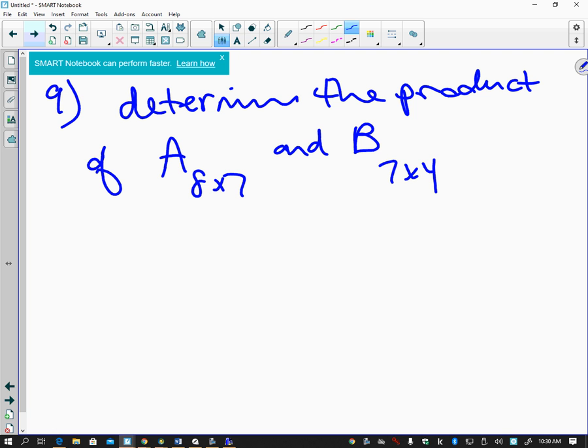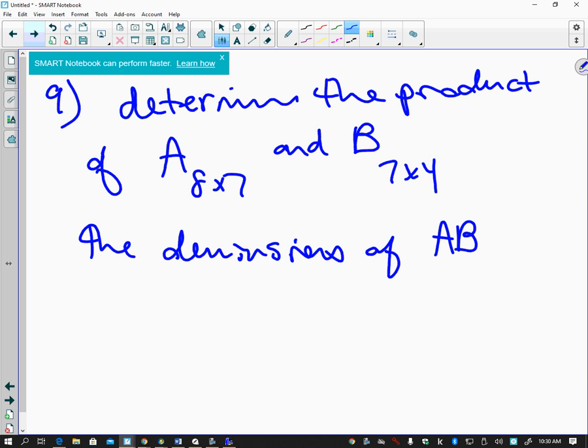What they're saying is that these are the dimensions of 2 matrices. It says determine the product, determine the dimensions. All right. What should be the dimensions of that new matrix? 8 by 4. We'd say defined, 8 by 4.